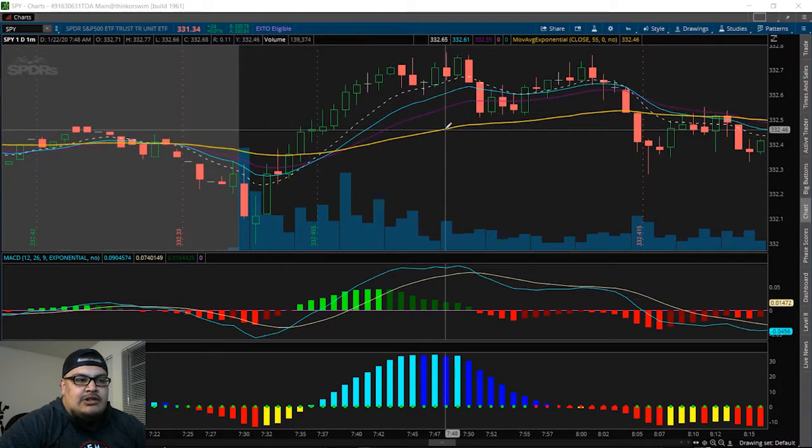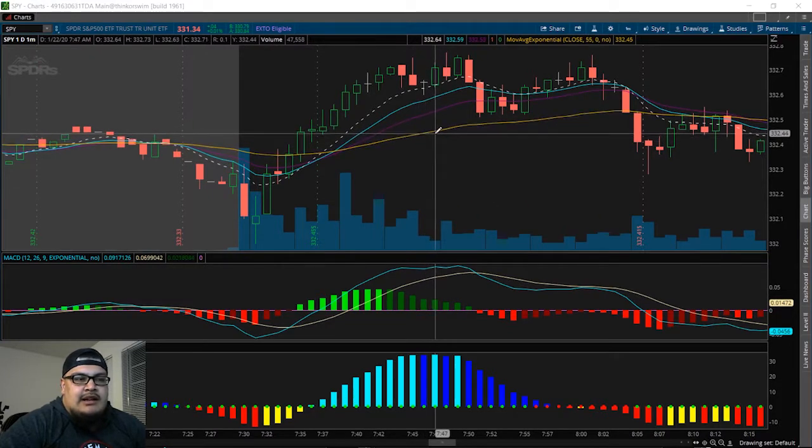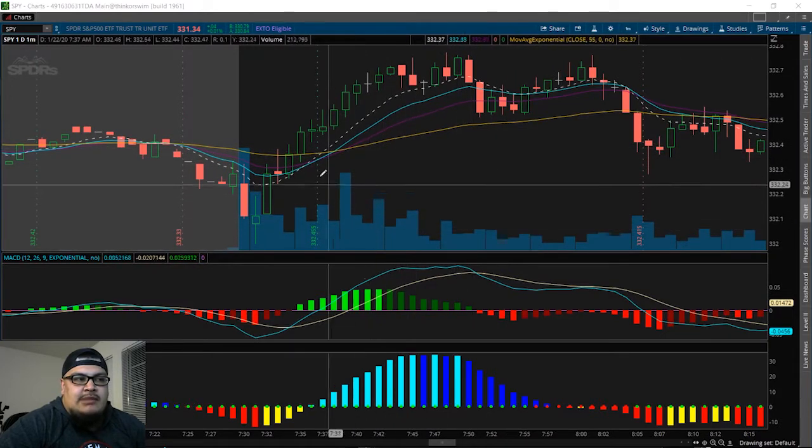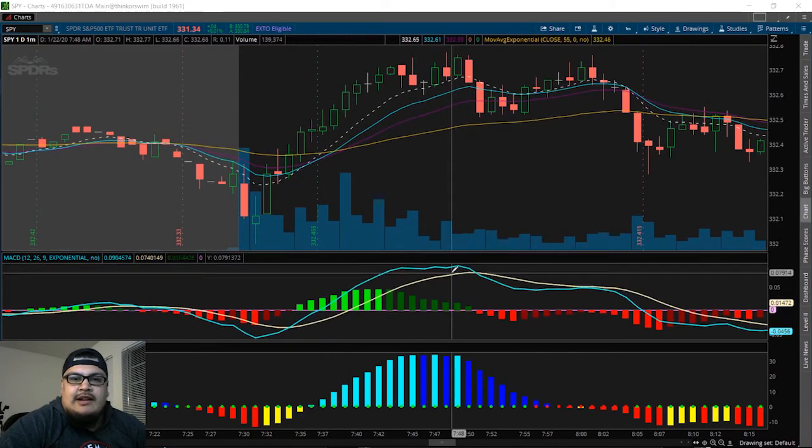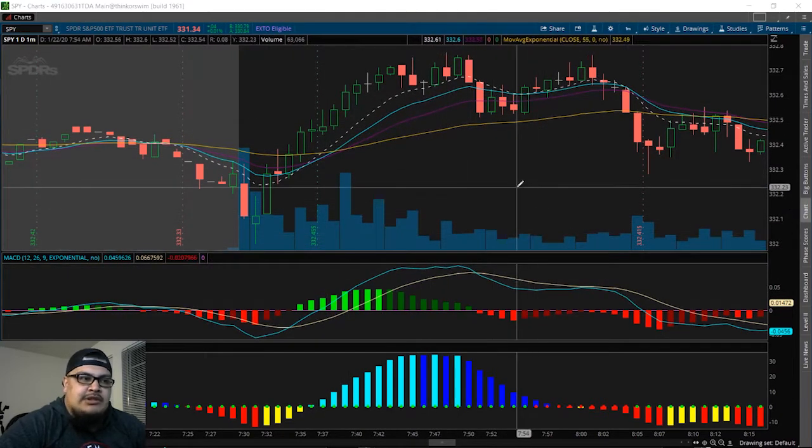The orangish yellowish one here is the 55. And this is your big slow one where it's telling you overall sentiment is bullish or bearish. So you don't want to be longing anything below this line, and you don't want to be shorting anything above this line because it's showing strength or weakness for that type of trade.